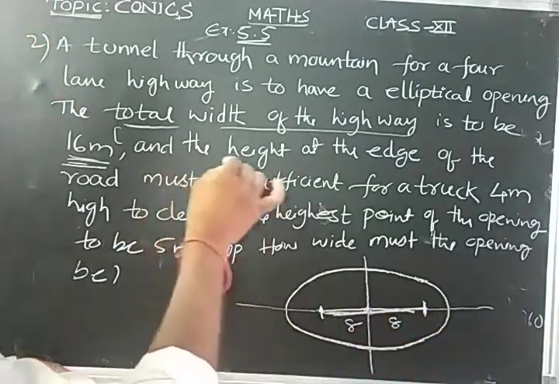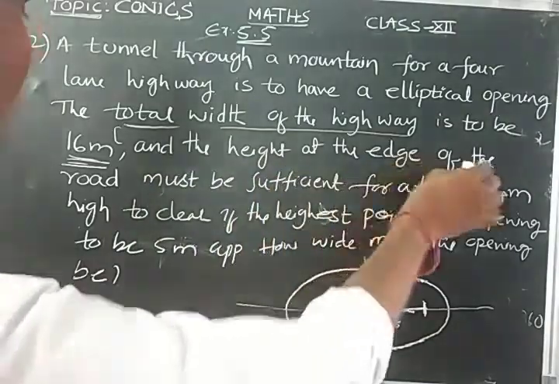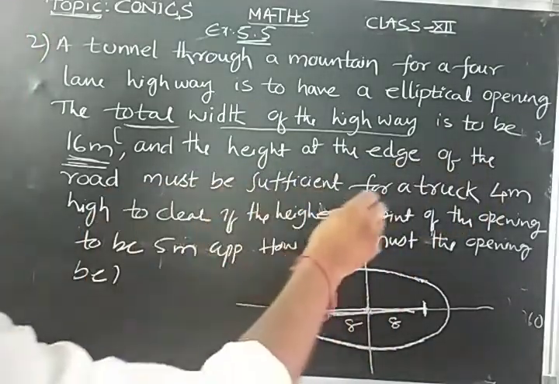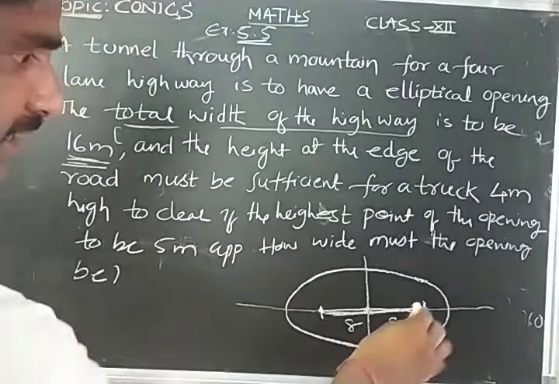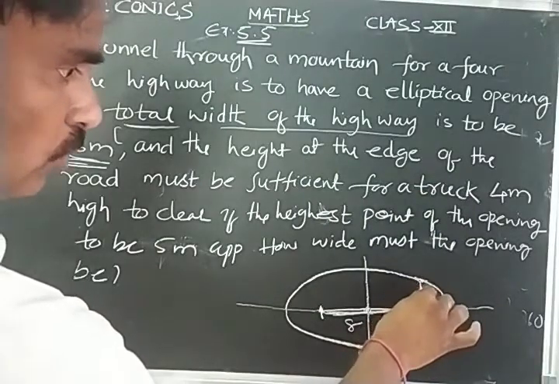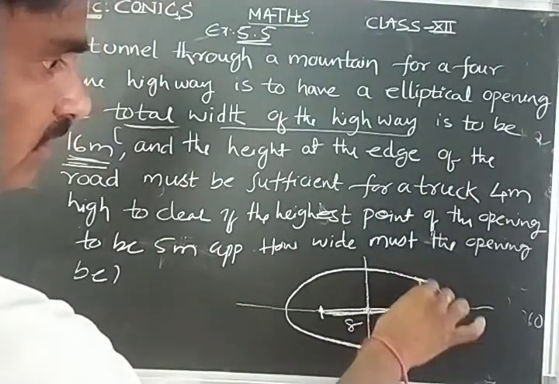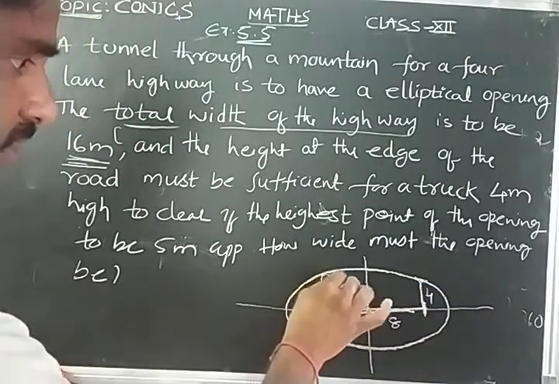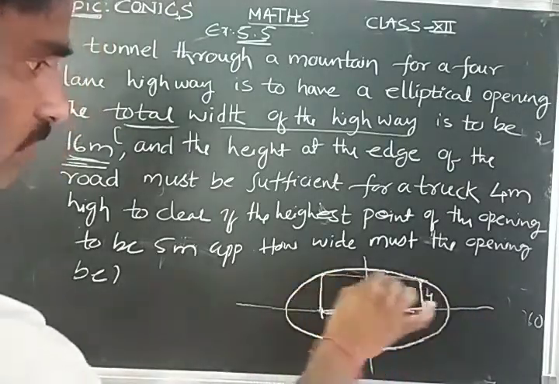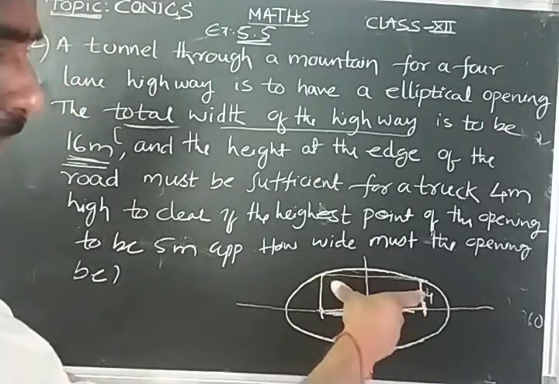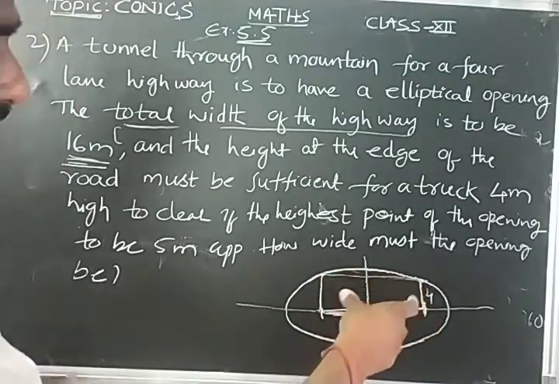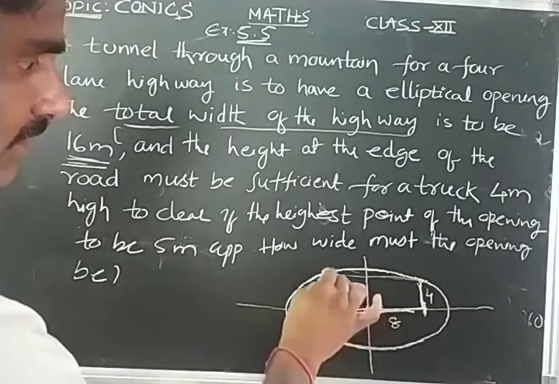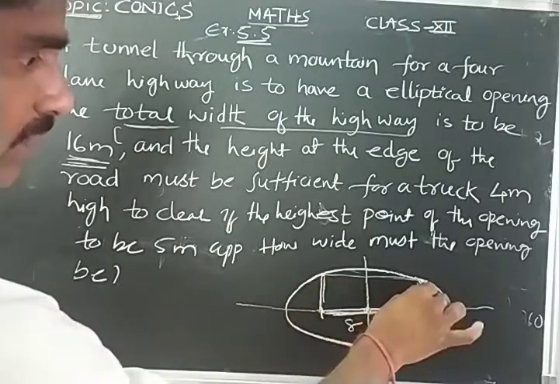Next, the height at the edge of the road must be sufficient for a truck, 4 meters. At the edge of the road, to move a truck, the height should be 4 meters. Suppose this is the truck, it can move through the elliptical tunnel, then the height of the truck will be 4 meters.